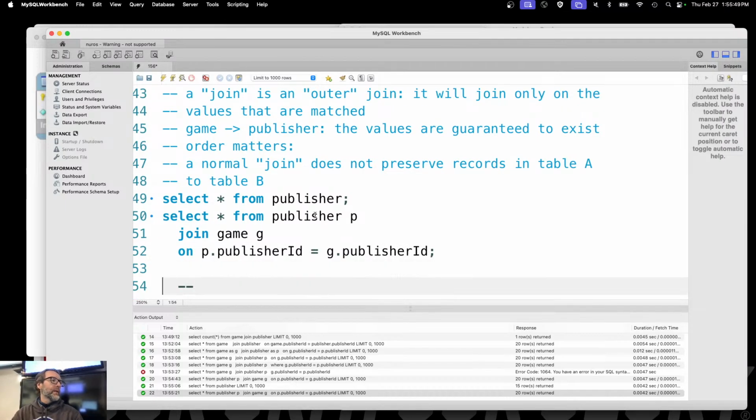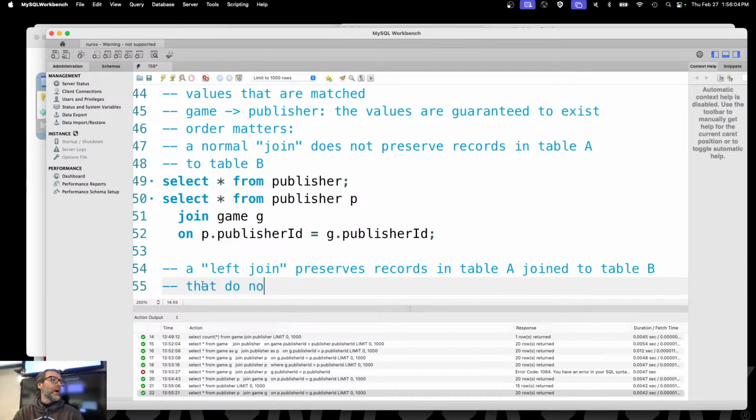A left join, and I'll put that all into quotes there, preserves records in table A joined to table B that do not have any matching records in table B. All right? Publishers. They don't have any matching records to a game in table B. Publishers are A, games are B.